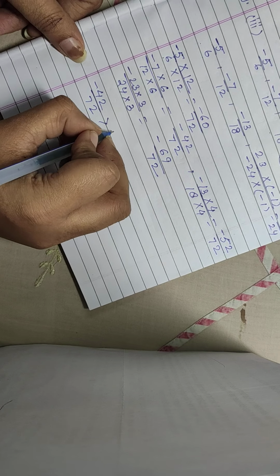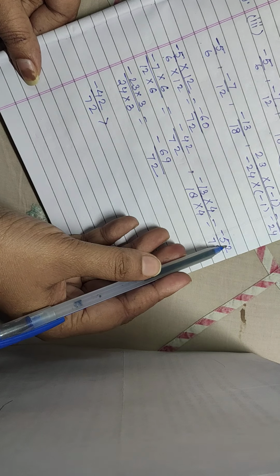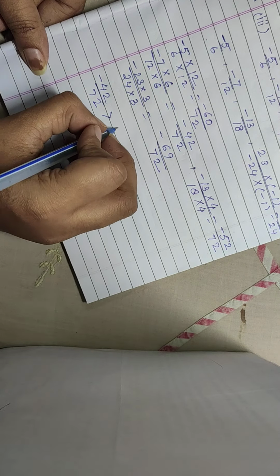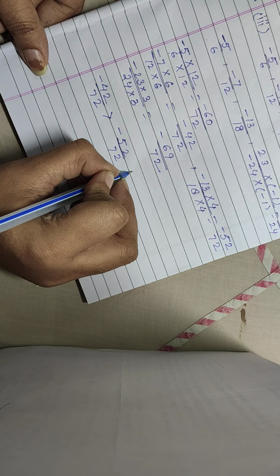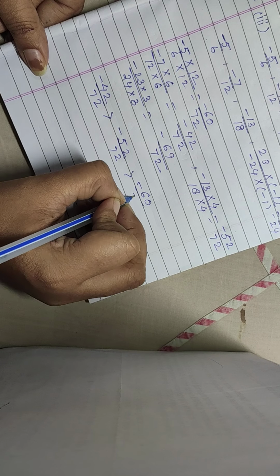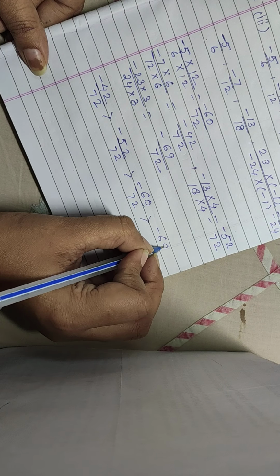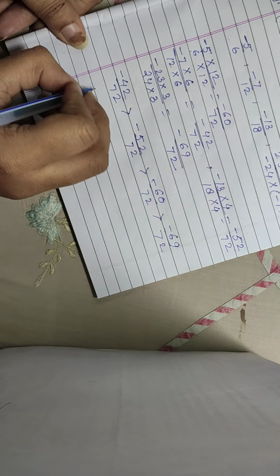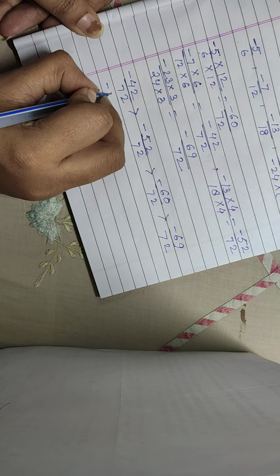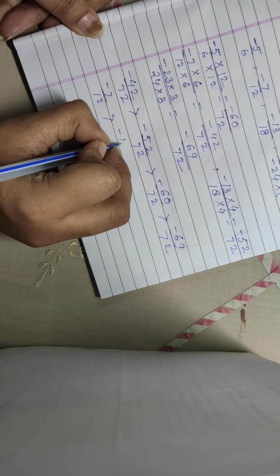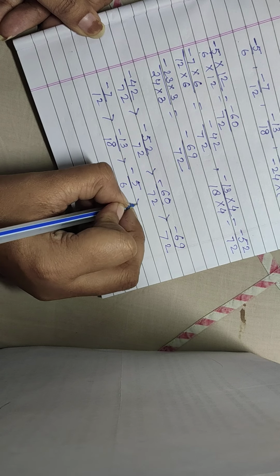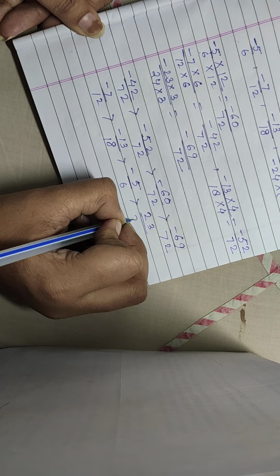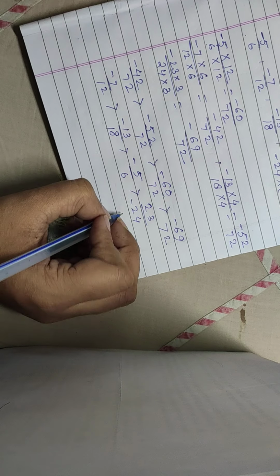Then next one, minus 52 by 72, then minus 60 by 72, then minus 69 by 72. The real numbers will be minus 7 by 12, greater than minus 13 by 18, greater than minus 5 by 6, greater than 23 by minus 24.